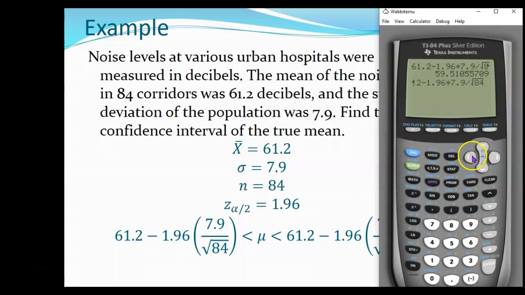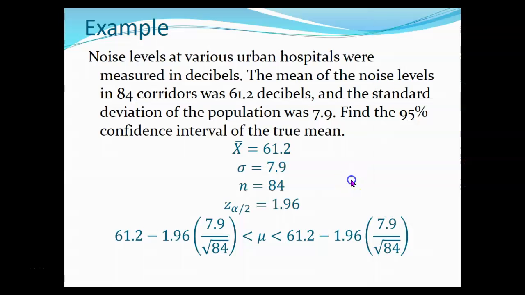And then the same formula, but with a plus instead of a minus, is about 62.9. So the answer is that mu is probably somewhere between 59.5 and 62.9. 59.5 is less than mu is less than 62.9.